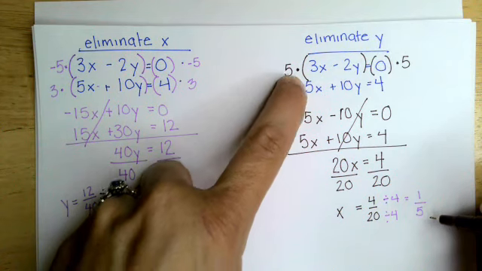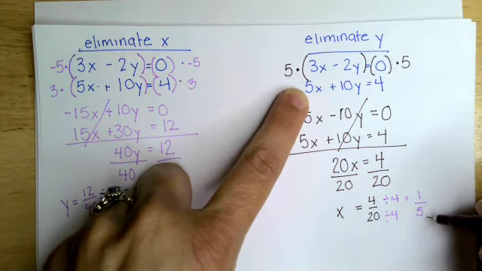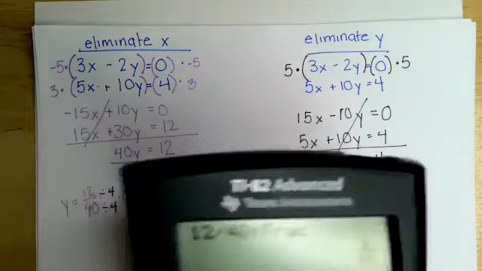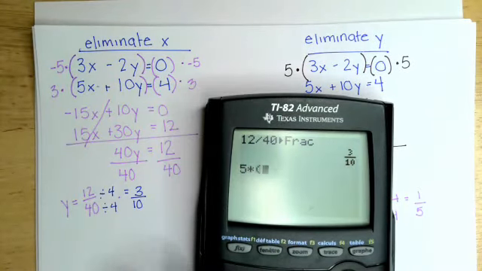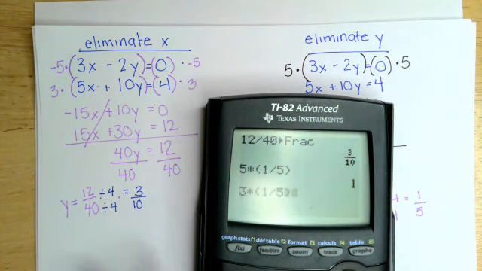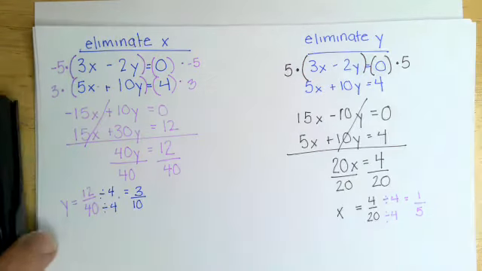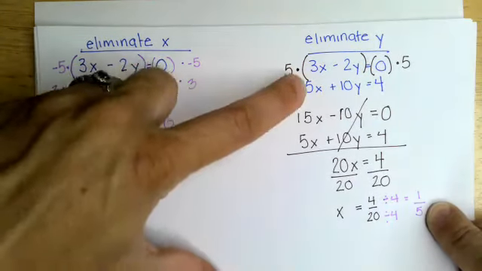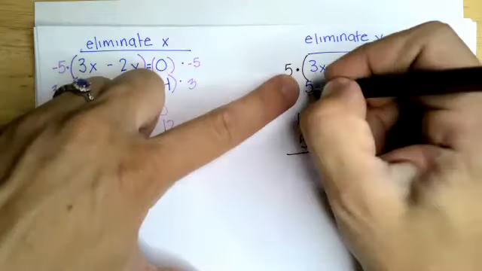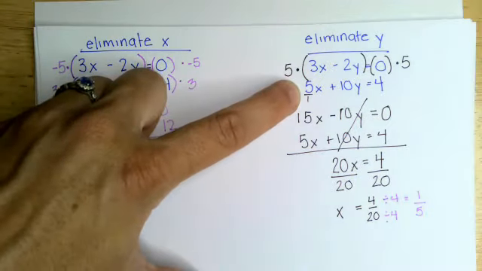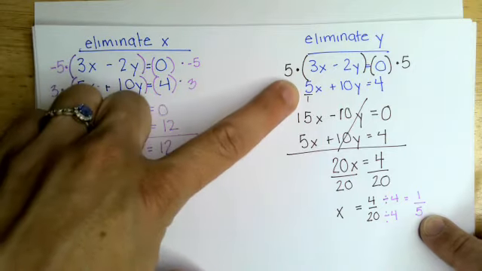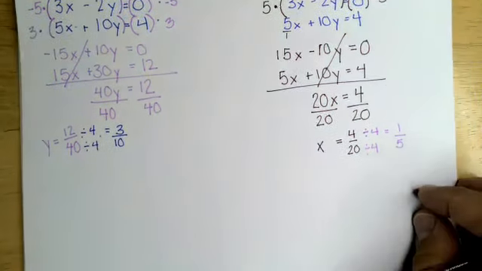If I multiply 5 times 1/5, I just get 1. 3 times 1/5 is not going to be a whole number. It's going to be a fraction, which is fine, but the whole number is even better, right? So if I see a 5 on top and a 5 on the bottom, that's going to be the easier one to use.